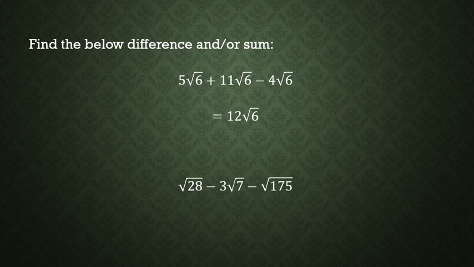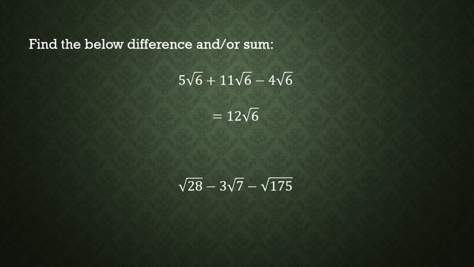Sometimes you see something that looks like this. Sometimes you see a difference or sum where what's inside your radical, aka the radicand, is not all the same as given. And you may think that you can't do anything with it.